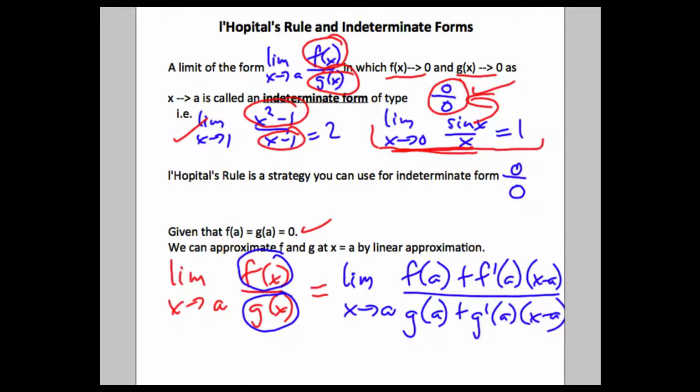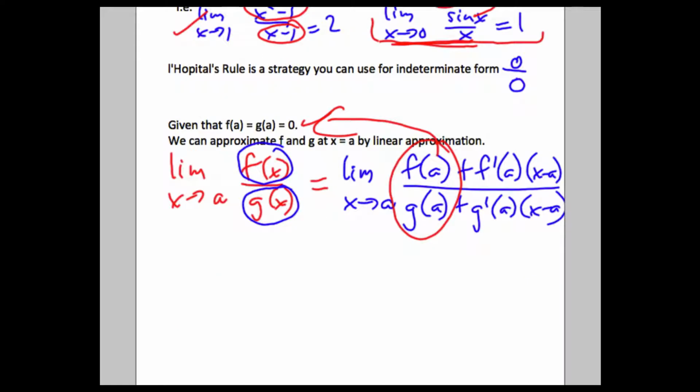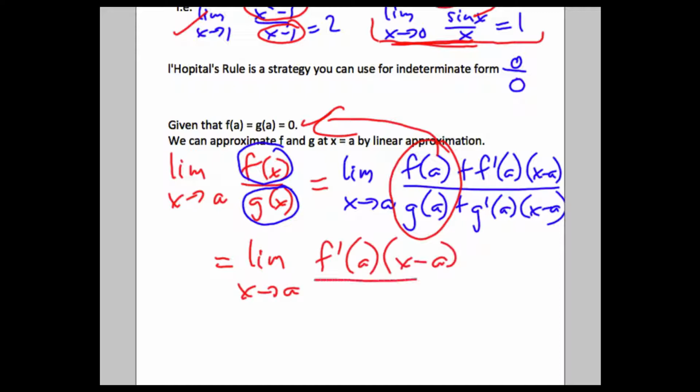We've already indicated that f of a and g of a were 0. So we can reduce this expression to this, which means that my x minus a cancels out.